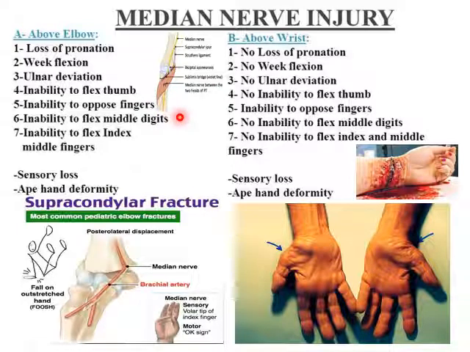Inability to flex the middle digits because of the injury and inefficiency of the functioning of the flexor digitorum superficialis, and inability to flex the terminal phalanx of the index and middle fingers because of the injury to the radial half of the flexor digitorum profundus.